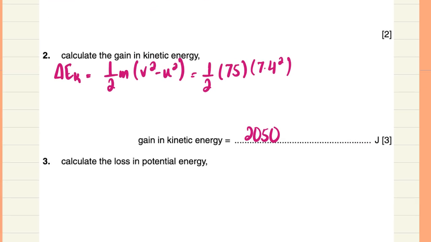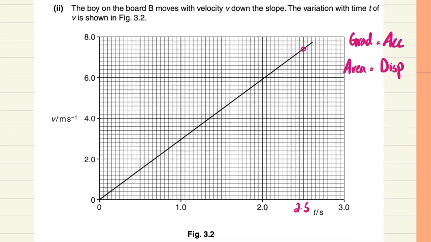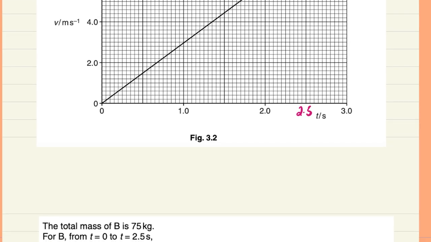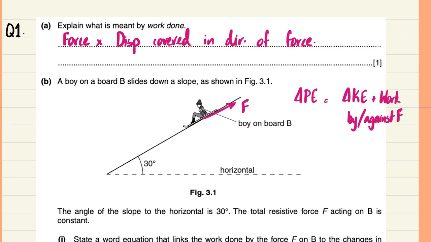Calculate the loss in GPE. So again, write down the formula. For a lot of the work energy power questions, you do get marks for writing down the formula. So mg delta H, where delta H is the height which it falls through. Now, this was the distance moved down the slope, which was 9.3. So 9.3 is basically all of this distance covered, right?